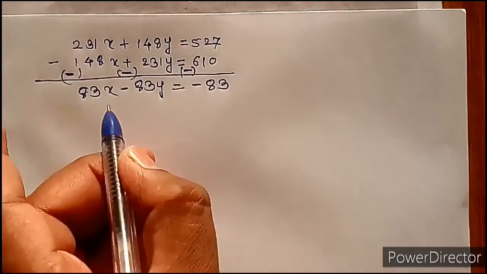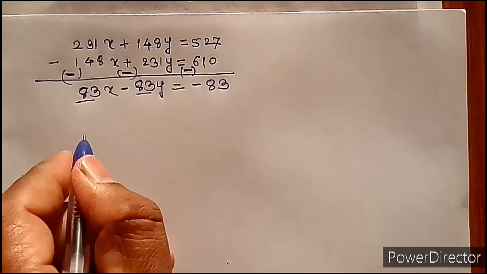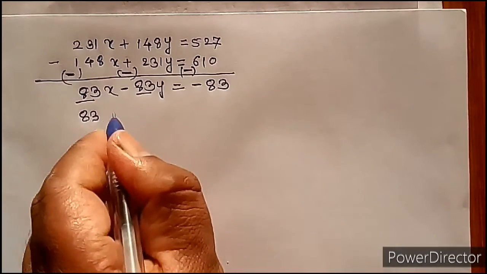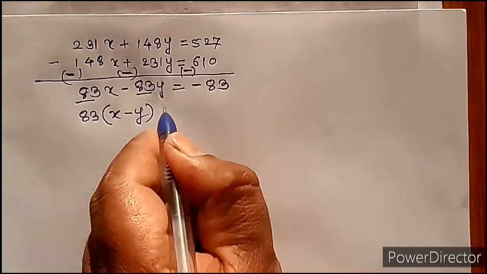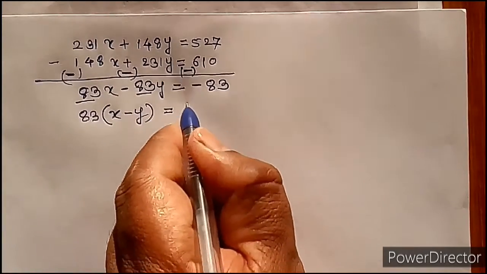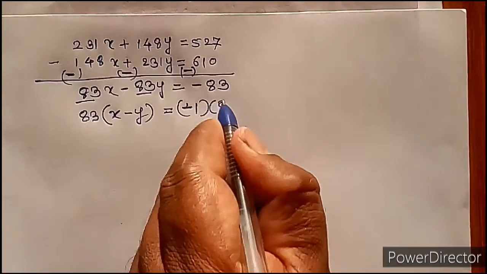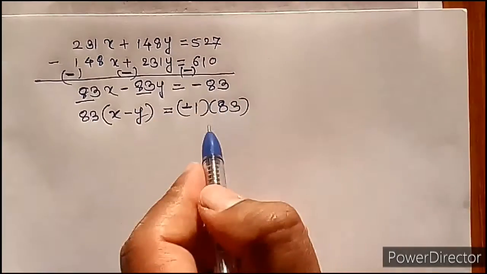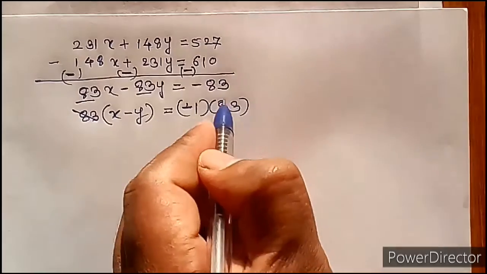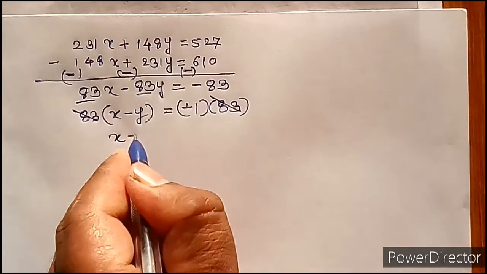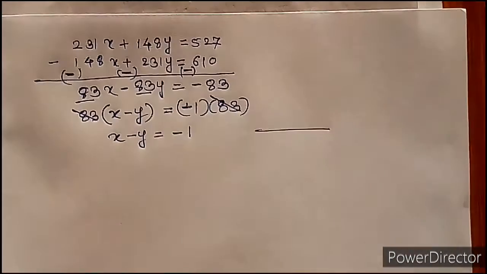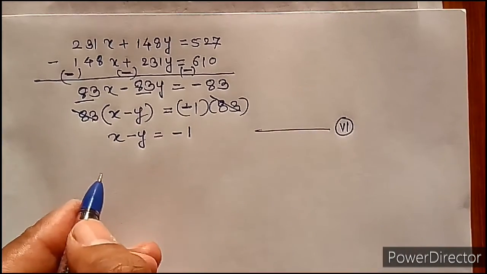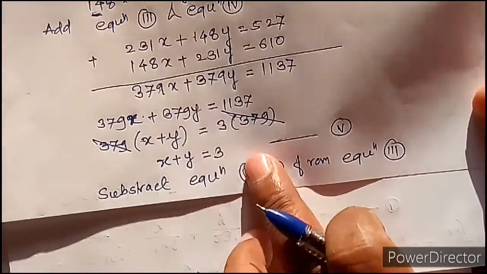Now here 83 is common, by taking it common we get x minus y equals minus 1 into 83. This minus 83 can be written like this. This 83 will be cancelled with this. Now we get x minus y equals minus 1. Give it equation number 6. Now we get two equations, that is equation number 5, which is x plus y equals 3.